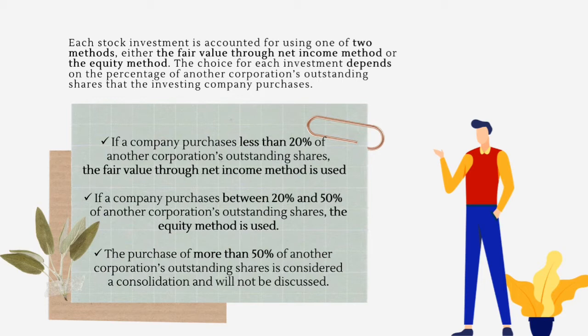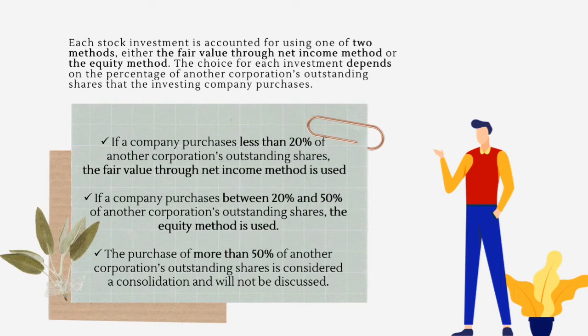An example would be the purchase of 40,000 shares of another corporation that has 100,000 shares outstanding. The investor owns 40%, or 40,000 of 100,000. The purchase of more than 50% of another corporation's outstanding shares is considered a consolidation and will not be discussed.